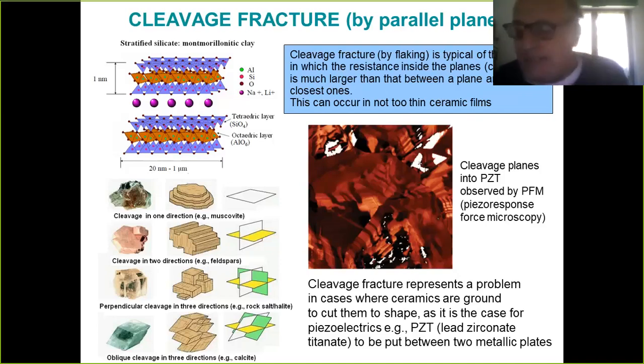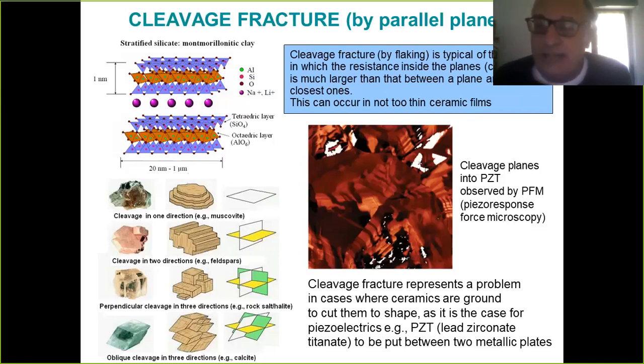We have a ceramic material which is very well known, the lead zirconate titanate, PZT. We are interested a lot in PZT because it constitutes piezoelectrics, which might work as actuators. We might use a piezoelectric, for example, to light something, to light your oven, say.